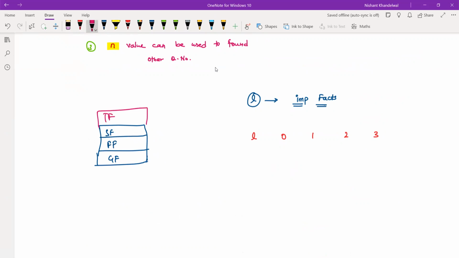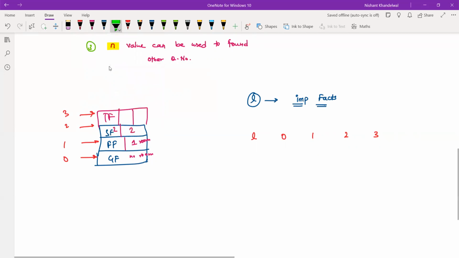On the ground floor, there is no room. On the first floor, there is only one room. On the second floor, there are two rooms. On the third floor, there are three rooms. So these are floors 0, 1, 2, 3, and these are rooms associated with it.